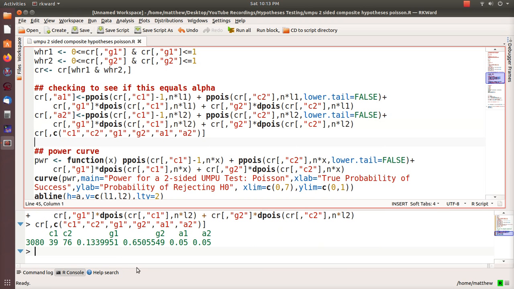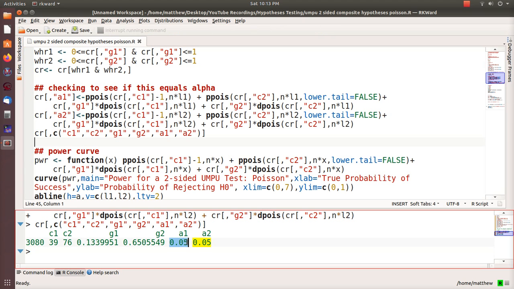And notice that the conditions, the expected value of our test function, given that lambda 1 is the true value, should be alpha, and it is. The second condition is that the expected value of our test function, assuming that lambda 2 is the true value, should be 0.05, and it is.